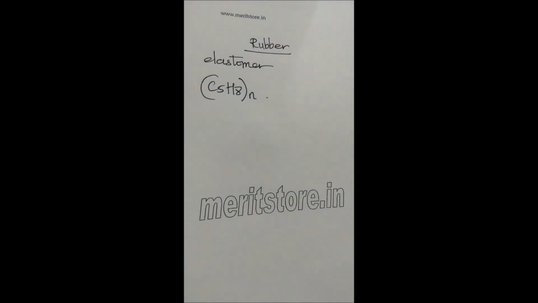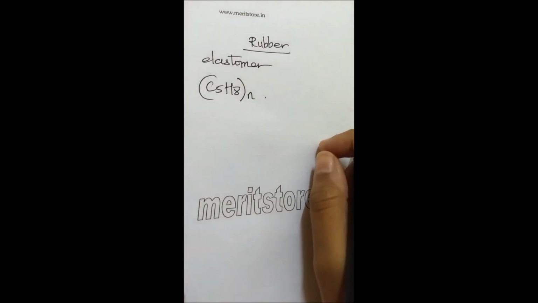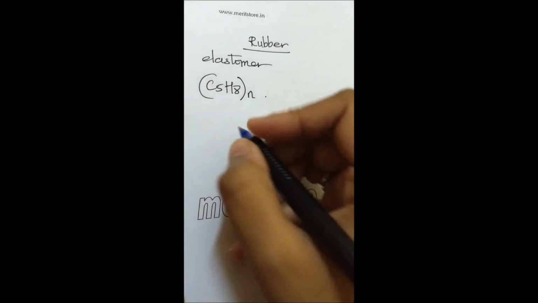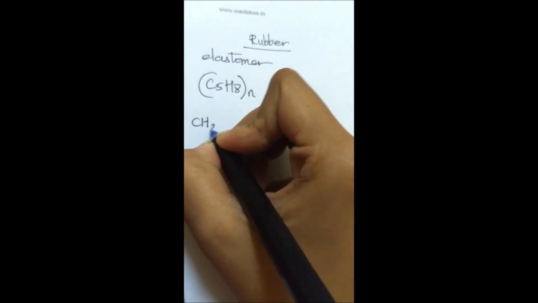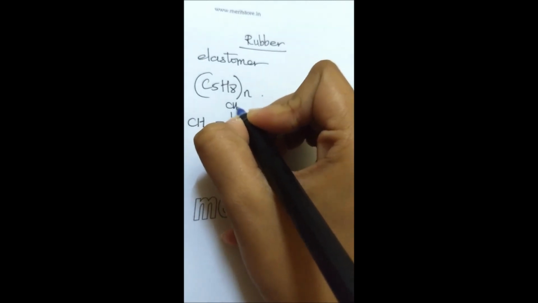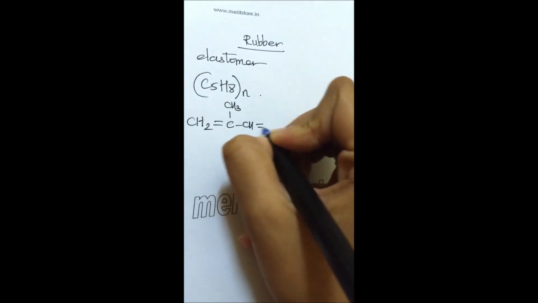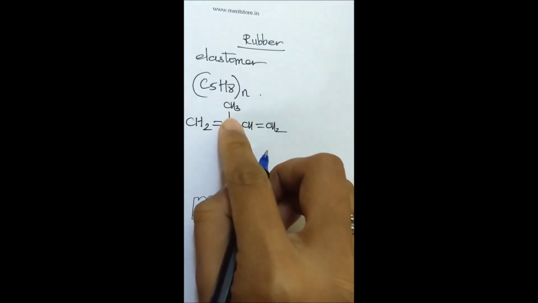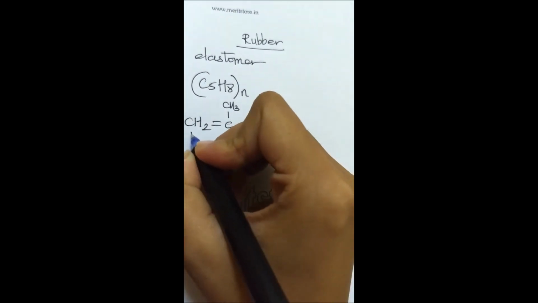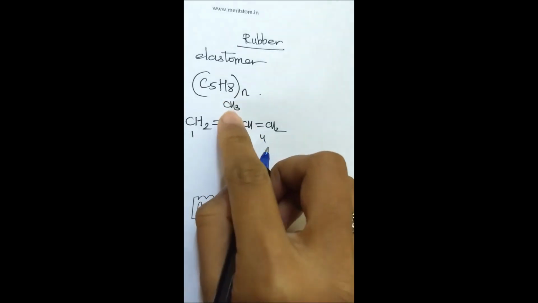Destructive distillation of natural rubber gives mainly isoprene. Isoprene is a monomer of natural rubber. Let us look at what isoprene is. Isoprene is nothing but 2-methyl buta-1,3-diene. So let me write what isoprene is. It is 2-methyl 1,3-butadiene, where this is carbon 2, 3, 4.